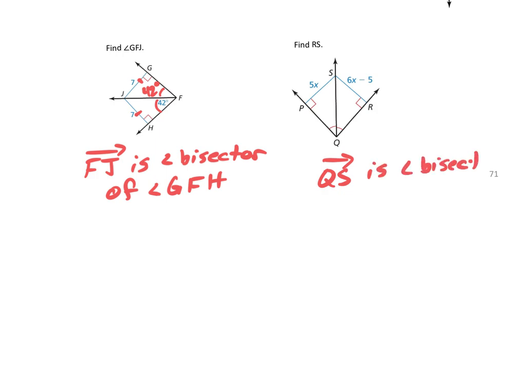And because S falls on that ray, and we know these are both 90-degree angles once again, then I know that this piece is congruent to this piece. So I'm going to say that PS is equal to RS. And we know the expression for PS is 5x. RS is 6x minus 5.